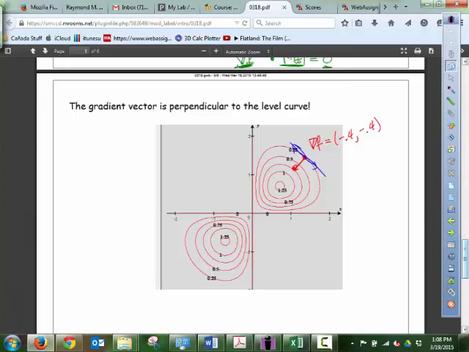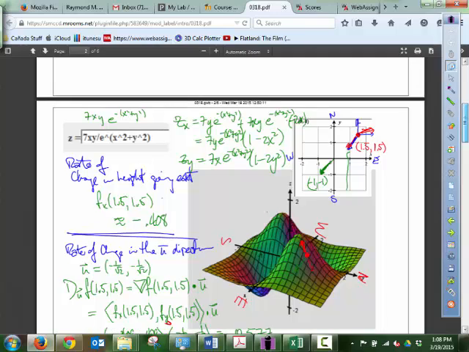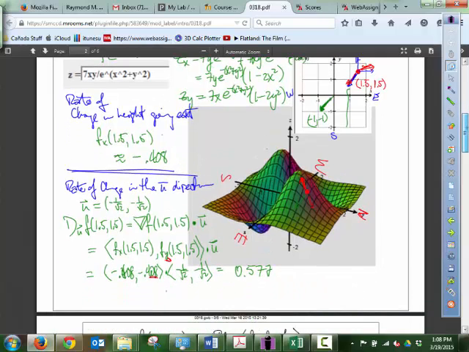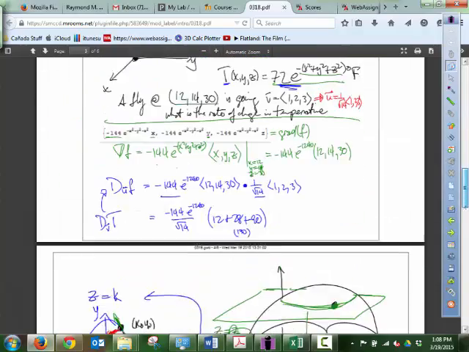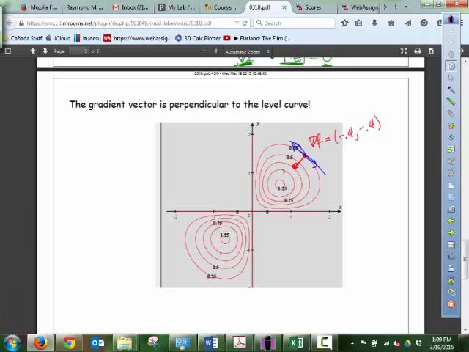Really what we're looking at is a 3-dimensional figure, but the gradient is going to be the same dimension as your domain, which in this case is 2-dimensional. Your domain is xy. So your gradient is a 2-dimensional vector that's perpendicular to a level curve in 2 dimensions.